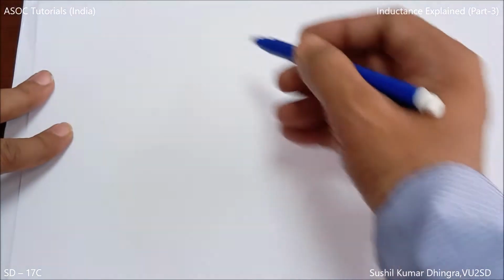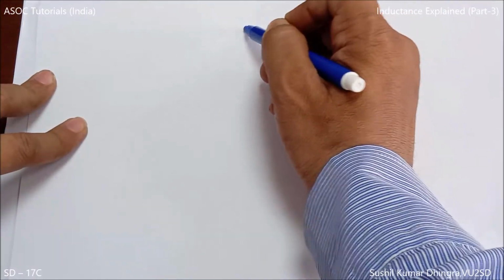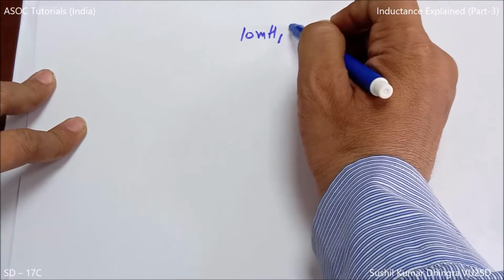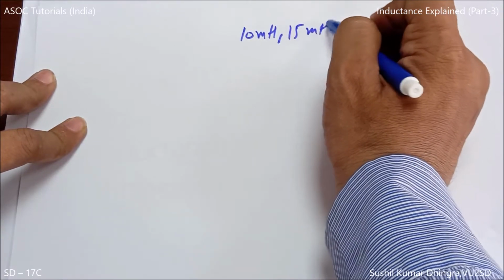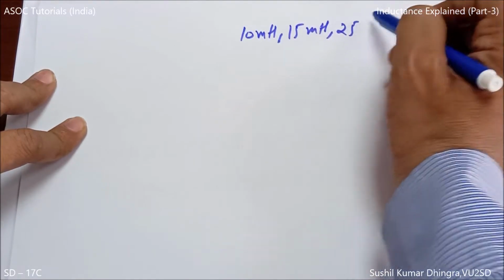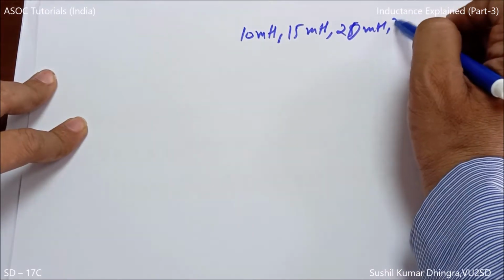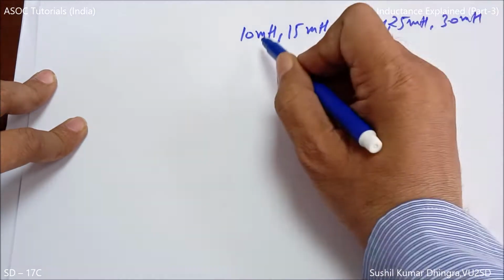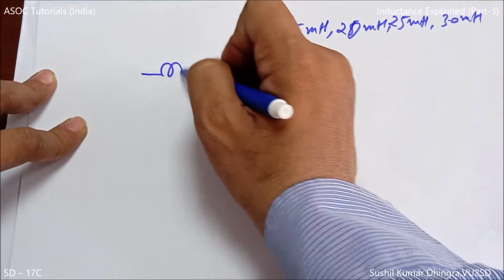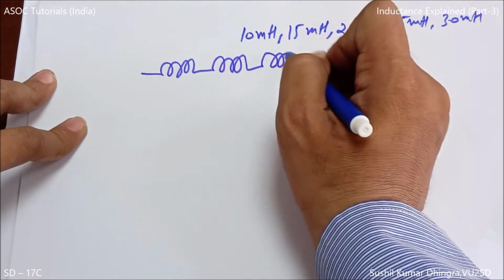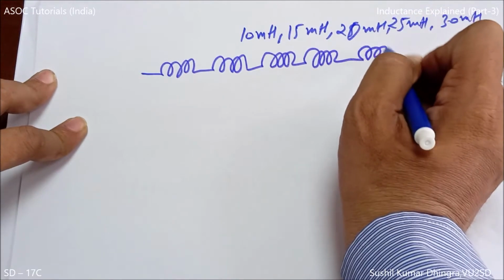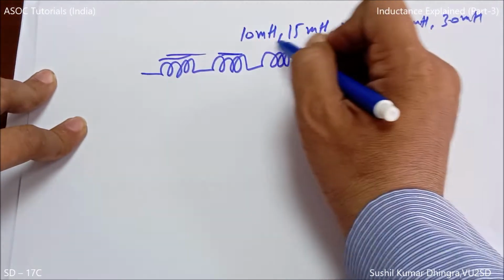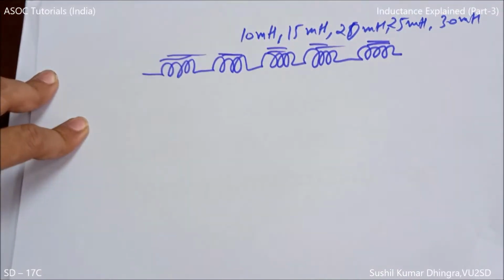Now coming to some examples. I am giving a very simple example. I have inductances of 10 millihenry, 15 millihenry, 20 millihenry and 25 millihenry. Okay, let's add one more, 30 millihenry. 1, 2, 3, 4, 5. These two lines mean it is iron core type.